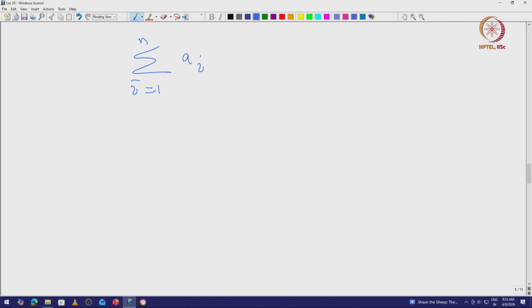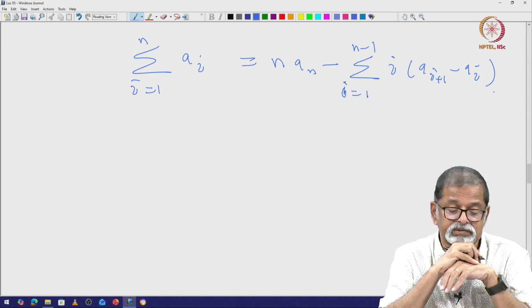You have n numbers that are added, and this is the same as n times an minus sigma I going from 1 to n minus 1 of I times ai plus 1 minus ai.